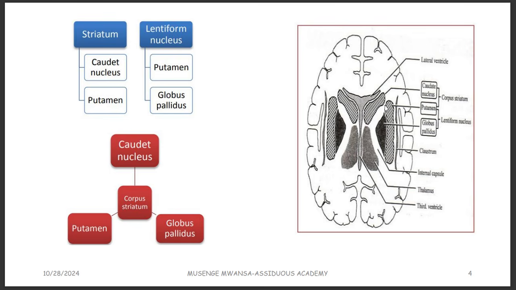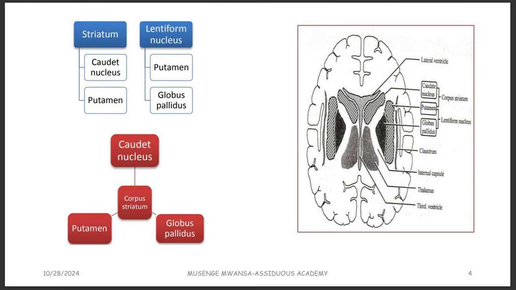Now the combination of the globus pallidus, which is medial, with the putamen, which is lateral, is going to form what we call the lentiform nucleus. So those two form the lentiform nucleus. Please don't forget that the globus pallidus is medial, while the putamen is lateral. The two form the lentiform nucleus.